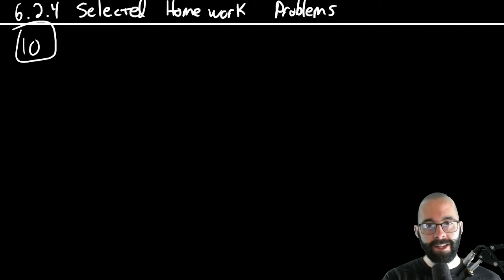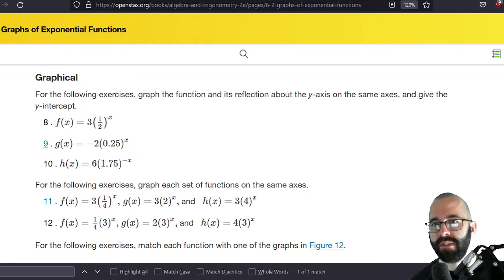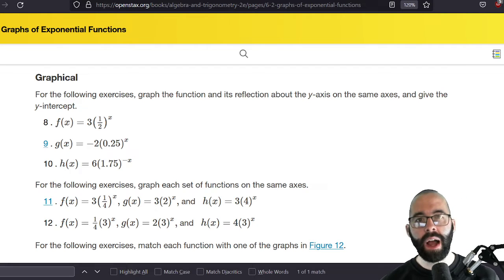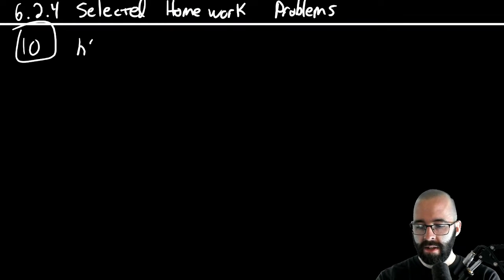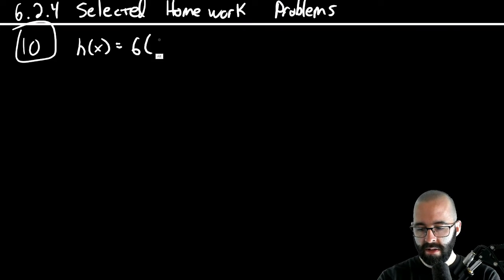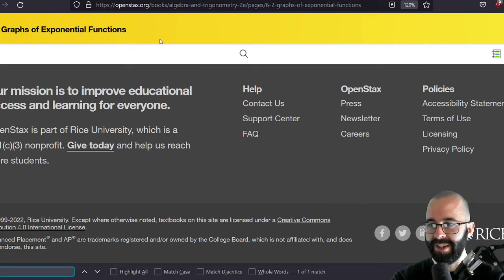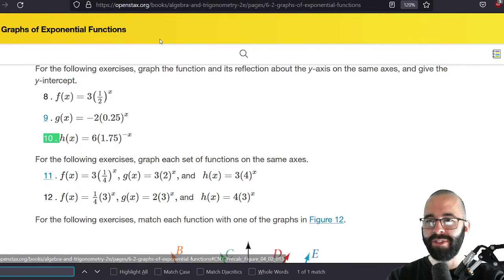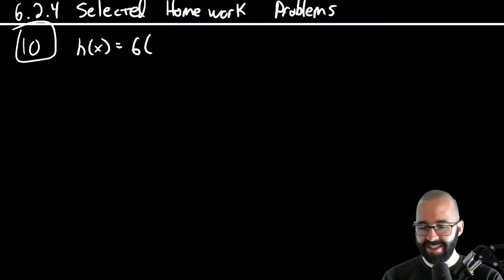We're going to start with number 10 in the homework. For the following exercises, graph the function and its reflection about the y-axis on the same axes and give the intercept. Our function is h of x equals 6 times 1.75 to the negative x.